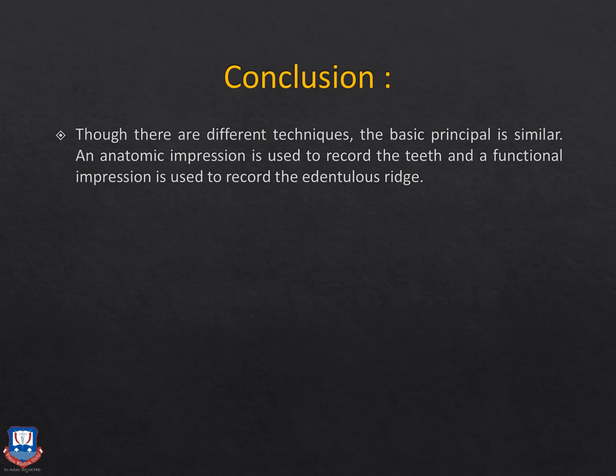The premise and intention are the same: we need to stitch two impressions, a functional impression of the edentulous tissues and an anatomic impression of the dentulous areas. Okay, so that brings us to the end of this lecture.